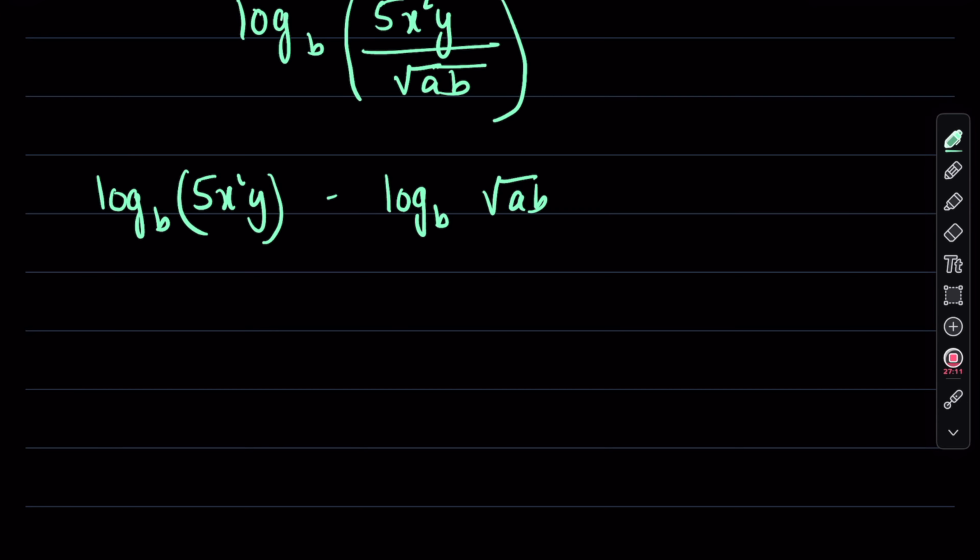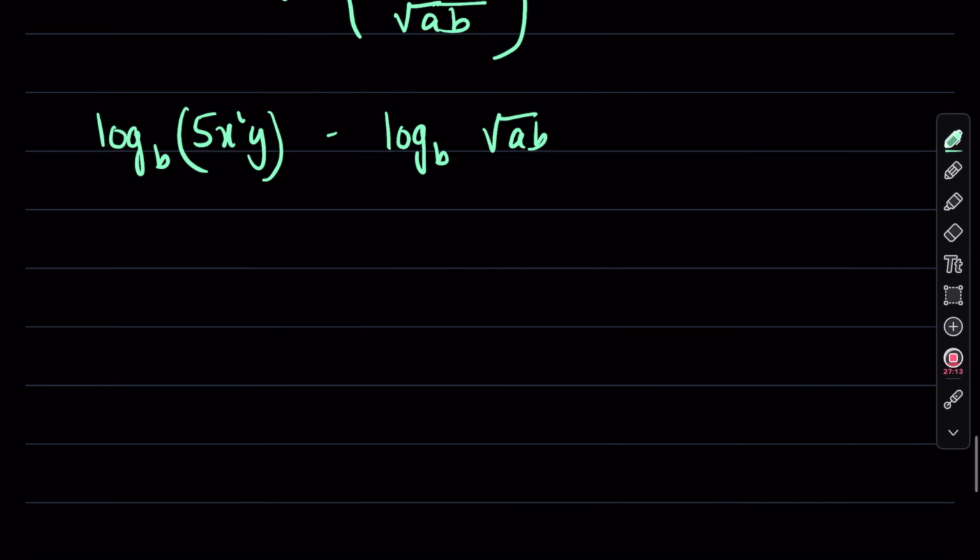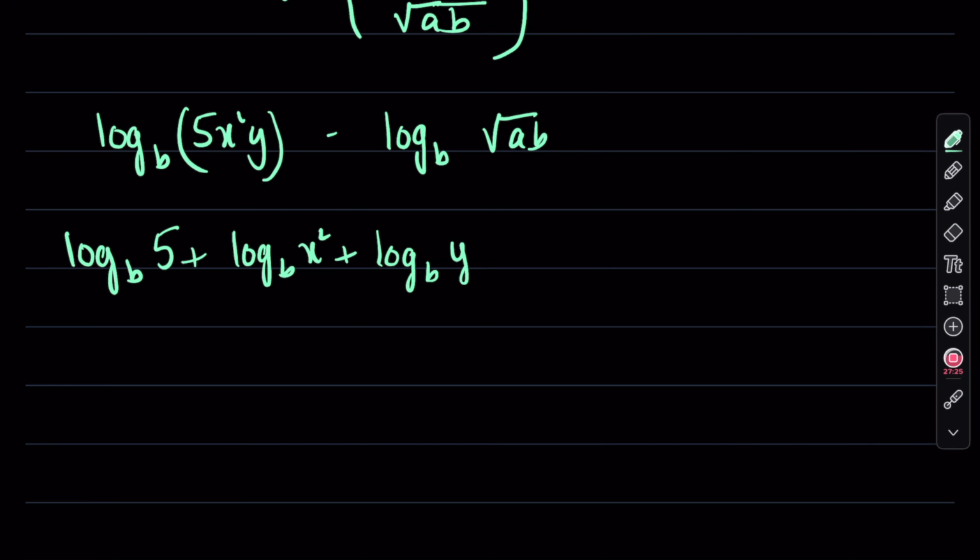Okay, log with the base of b argument of 5 plus log base of b argument of x square plus log base of b argument of y negative. Well, now I will use a bracket because I'm dealing with more than one term, so the positive sign will become a negative sign.